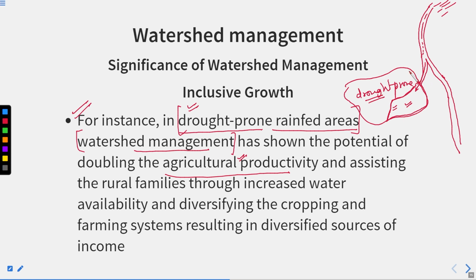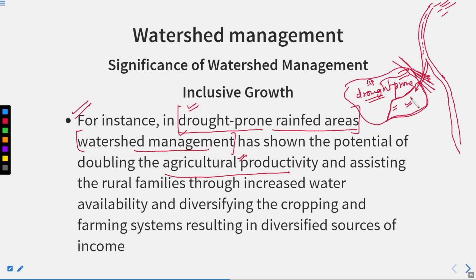And suppose this is blocked by any construction, by any road passing by, then what will happen? That is why so many things are clubbed together for the watershed management. We have also included urban planning, in which road construction is also there. If any road has been constructed thinking that this is a rural area, then all the people will have the facility of transportation.